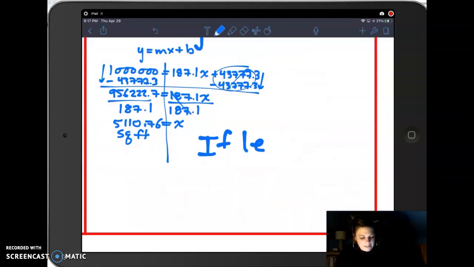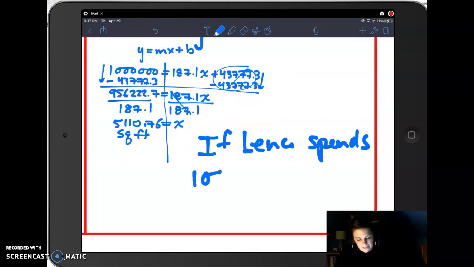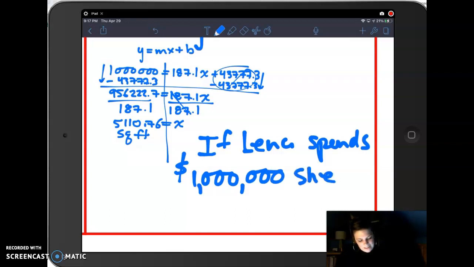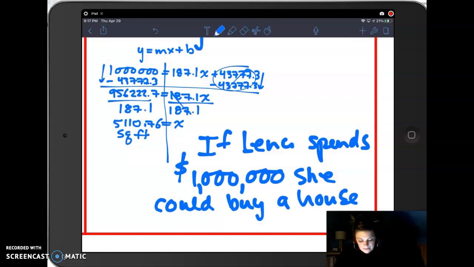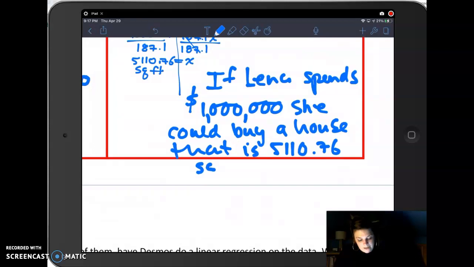If Lena spends $1 million, probably you guys are too young to know the Austin Powers reference there, she could buy a house that is 5,110.76 square feet.